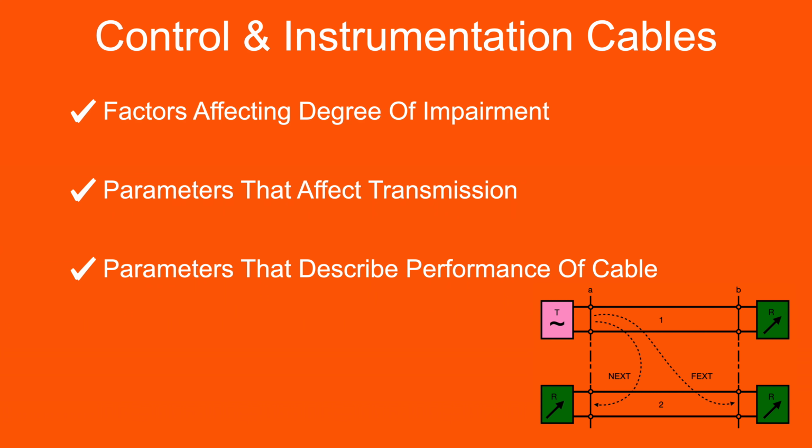Based on primary parameters, performance of a cable can be described in the form of impedance, attenuation, and crosstalk. Now let me briefly tell you.